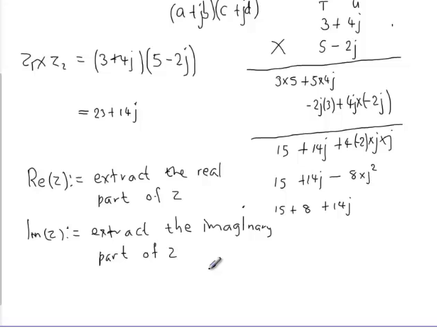Then I write Re(3 + 4j). That's the complex number Z.